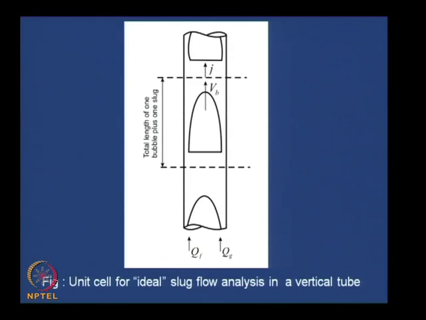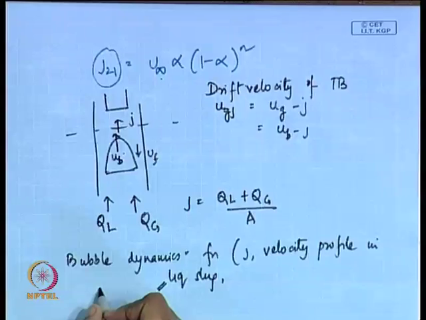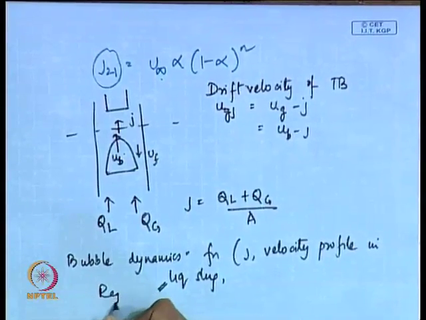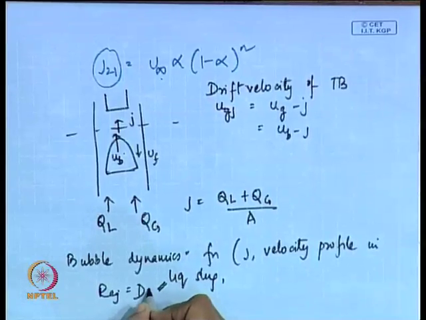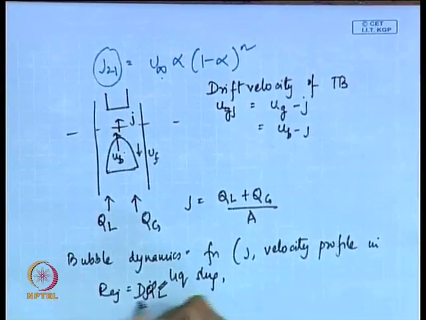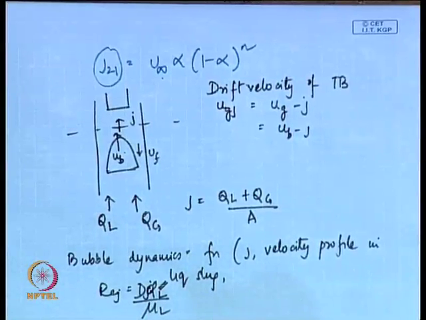Yes? Does it depend upon Reynolds number by any chance? It should depend upon Reynolds number, yes or no? Okay. So, therefore, velocity profile in the liquid slug is again a function of Re_J, which is d_j rho_L by mu_L, isn't it?